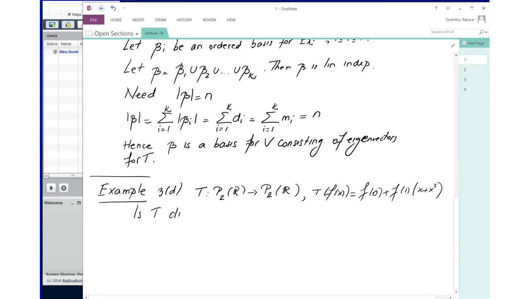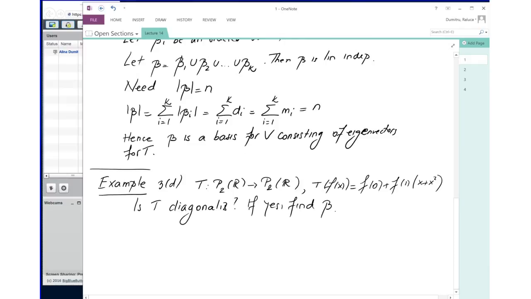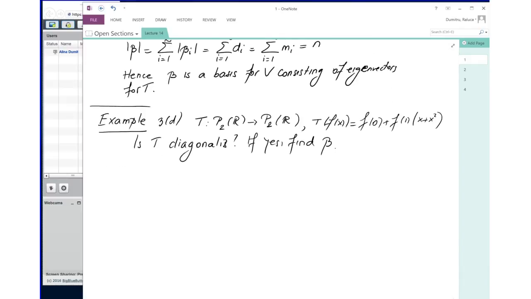Is T diagonalizable? If yes, find that beta, which is the basis of eigenvectors for P_2 of R. Okay, so what do we need to do? We need a characteristic polynomial, first of all, to see if it splits. How do we find the characteristic polynomial?